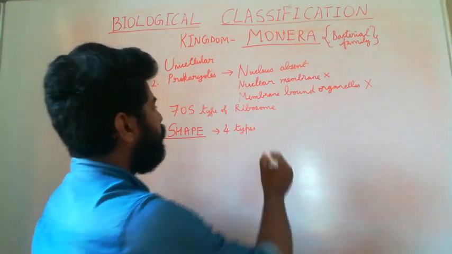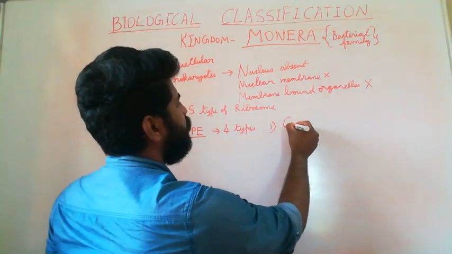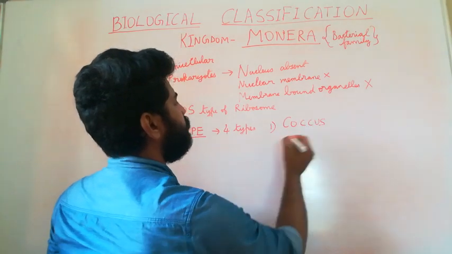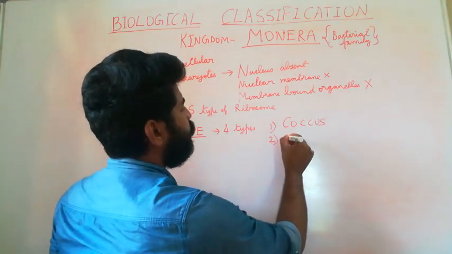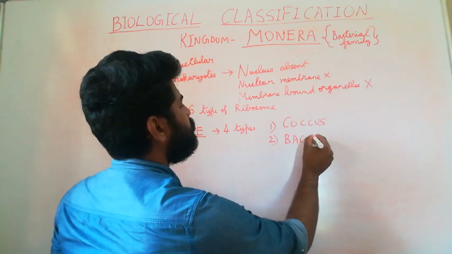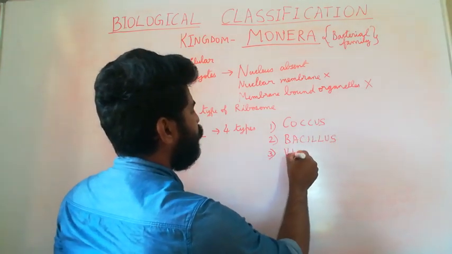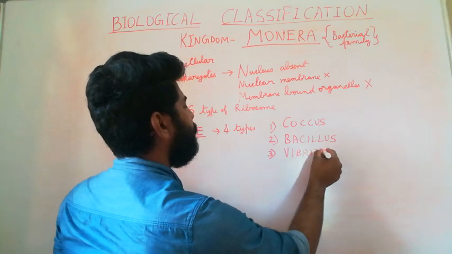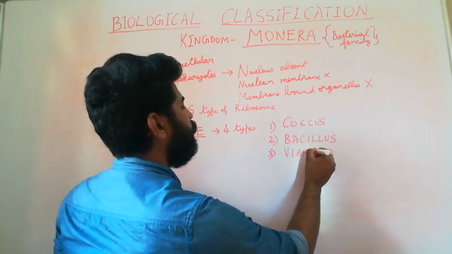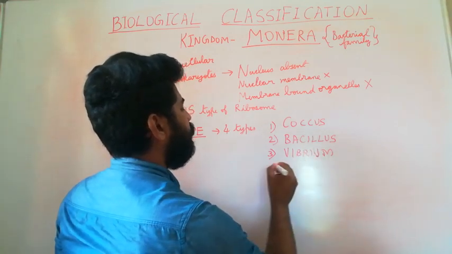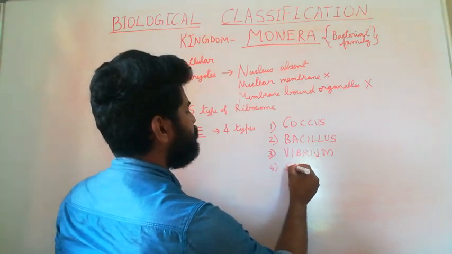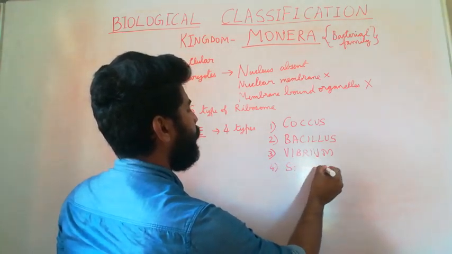Number 1 is coccus. Number 2, bacillus. 3, vibrio. And the fourth type is called spirillum.